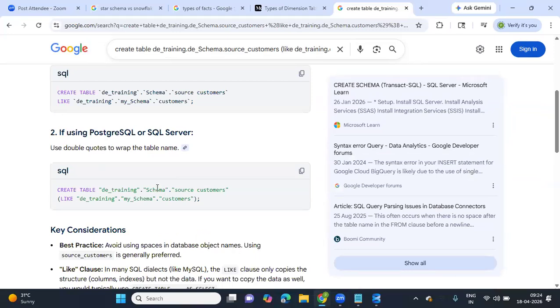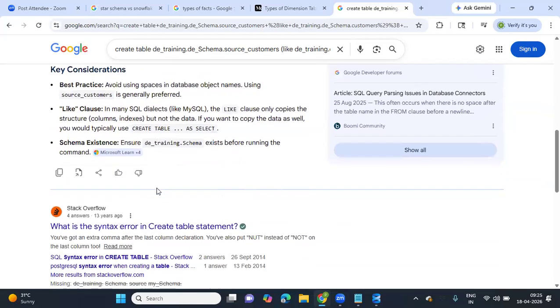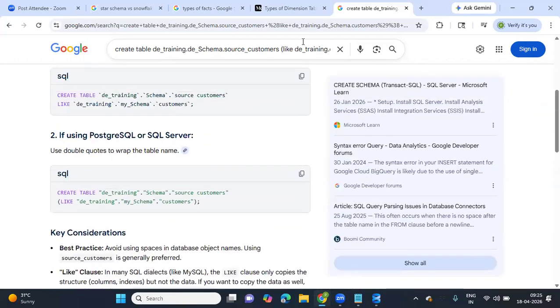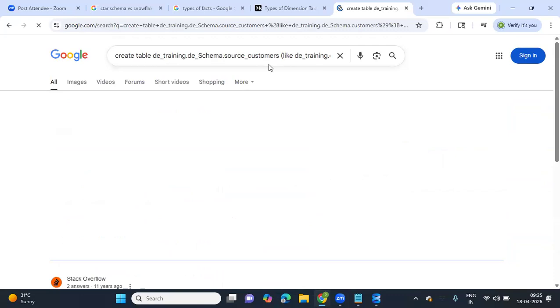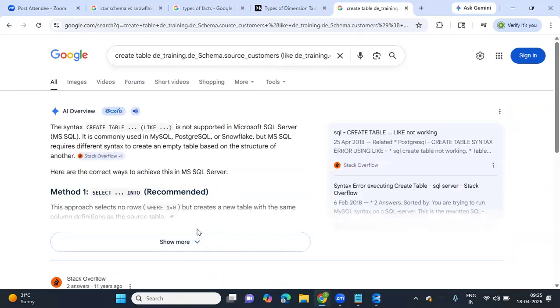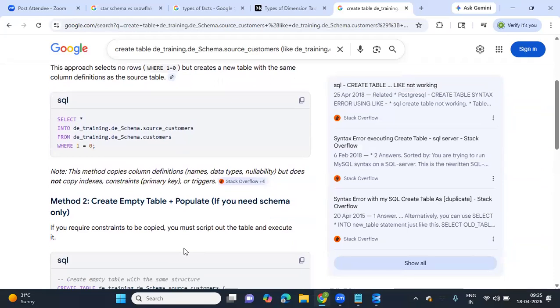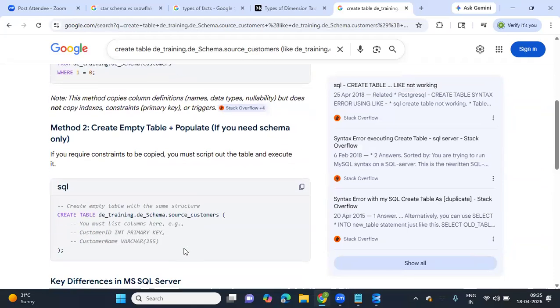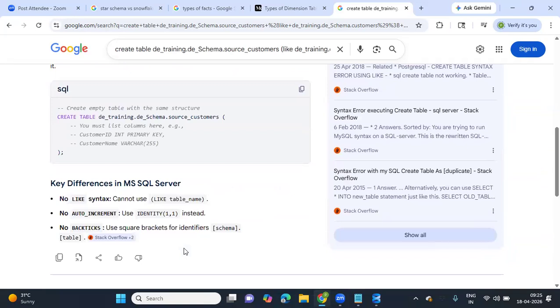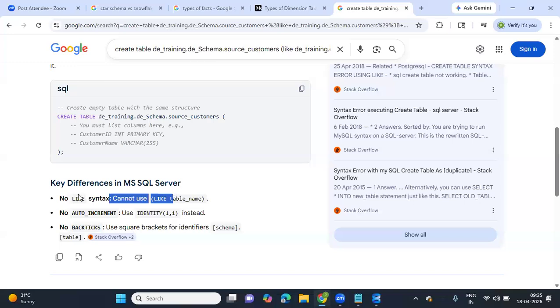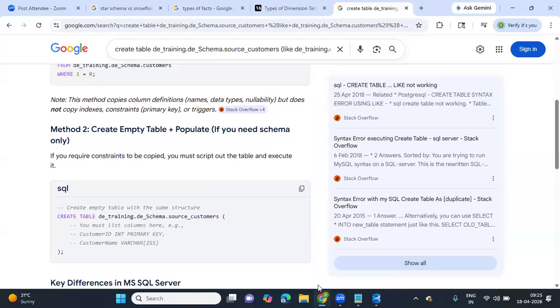Use double quotes to wrap the table names? No, that is not required. MS SQL, Microsoft SQL Server, I mean to say. Okay, Microsoft SQL Server doesn't support the LIKE syntax. We definitely have to create a table.